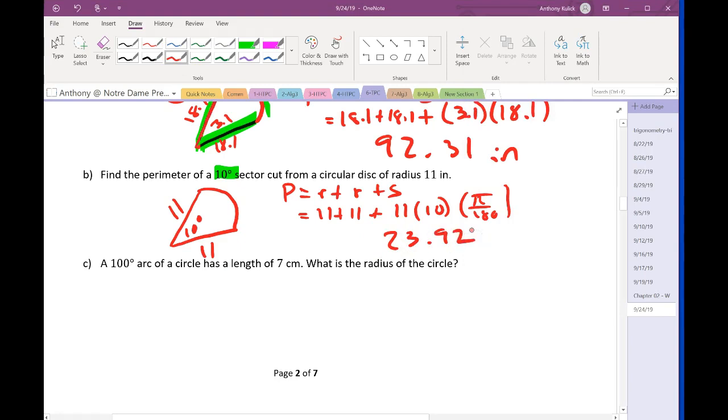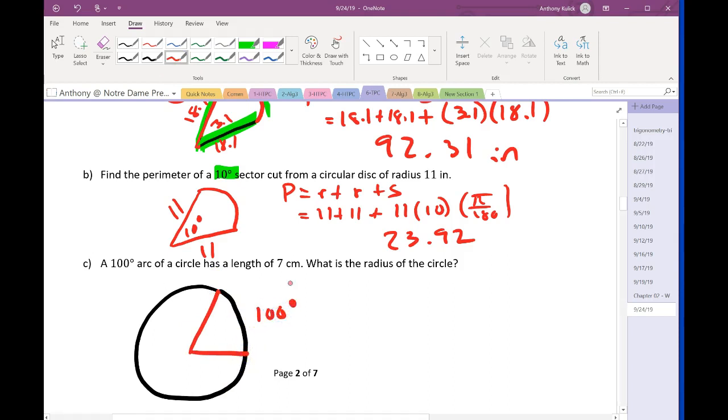It says a 100-degree arc of a circle has a length of 7 centimeters. What is the radius of the circle? So this one's a little bit tricky because you did have to remember a fact from geometry. The fact that you had to remember was that the arc measure is equal to the central angle.